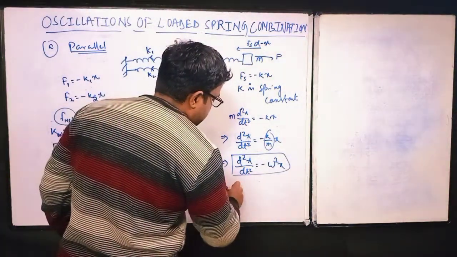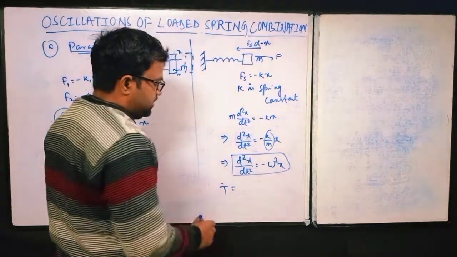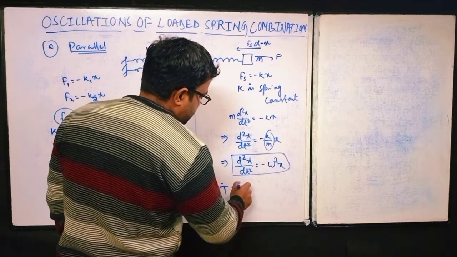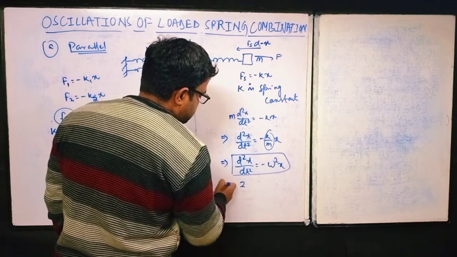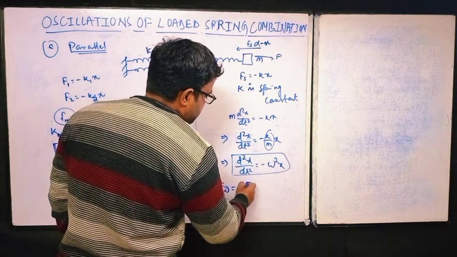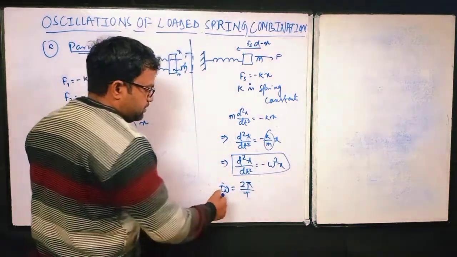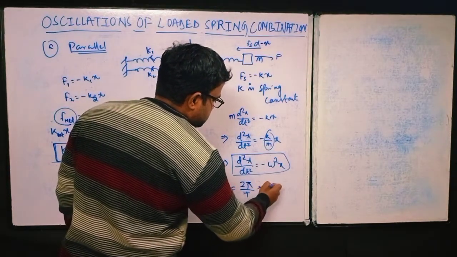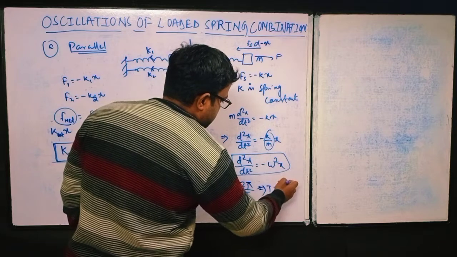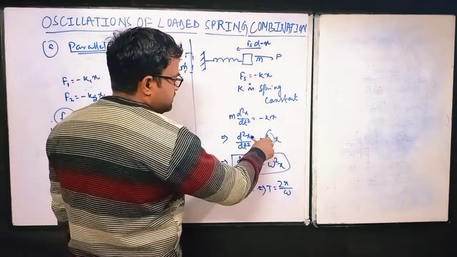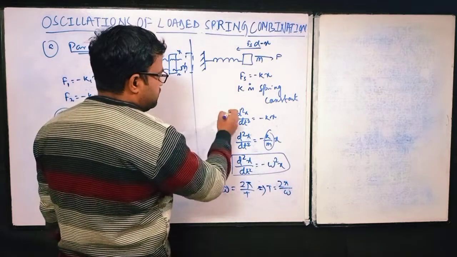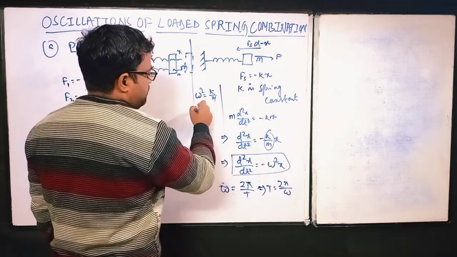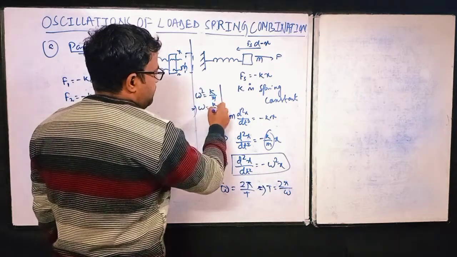The time period is basically 2 pi by omega, since omega is 2 pi by T. Here we have taken omega square as k by m, so omega equals root over k by m.